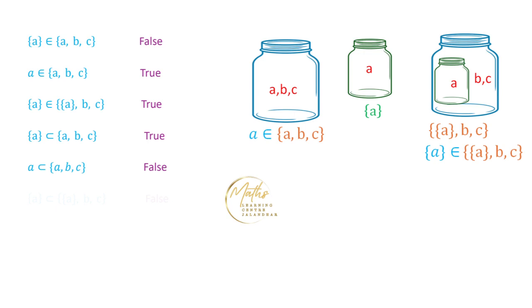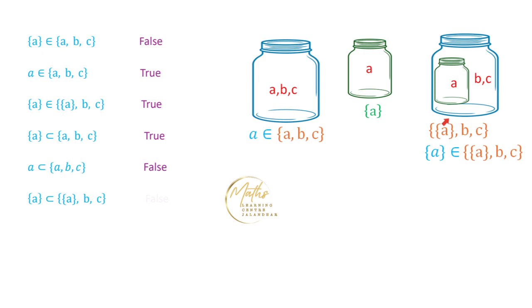The next statement we have is that we are talking about set A and we are saying it is a subset of the set containing the elements A, B, and C. Now in this case, what we have to check is that this set A has an element A, but this element is not present in this second set.